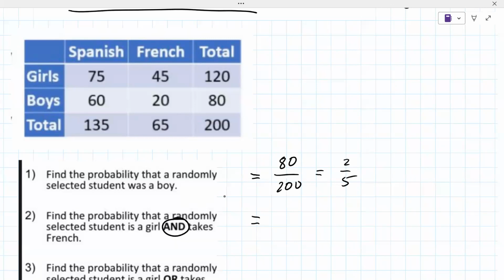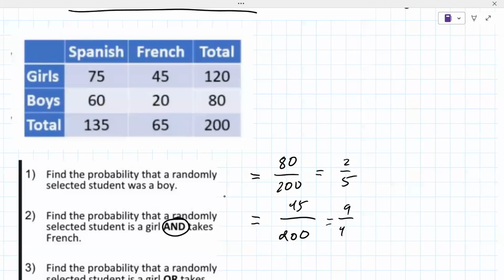The "and"s and "or"s are still over the grand total. Right. Okay. I've got to keep that in mind. So yes, it is 45, but it's over the grand super total. Let me reduce that real quick. 9/40.